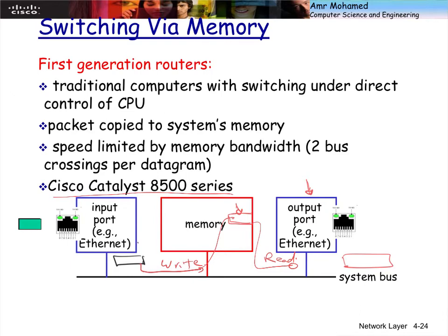If you have a memory access time, let's say A, then one packet switching will require 2A. So you need two accesses to the memory in order to provide the complete packet switching. Of course, this limits the speed.